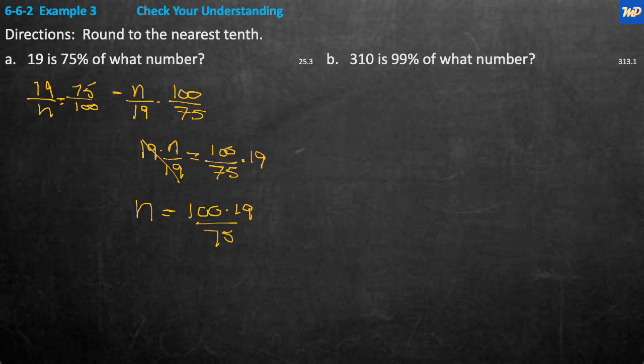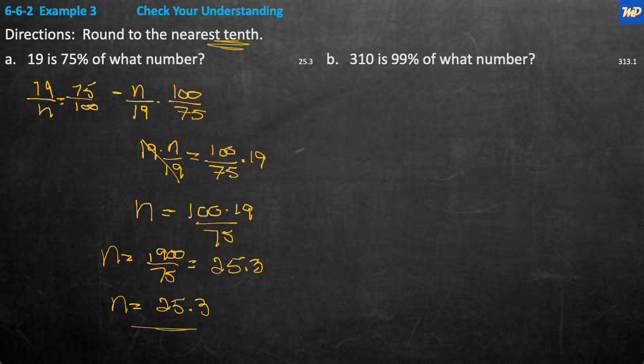And that equals what? n then equals 1900 divided by 75. And if you run that through your calculator, you'll end up with 25.3. n equals 25.3. That's rounded to the nearest tenth. Okay? Now let's do B.